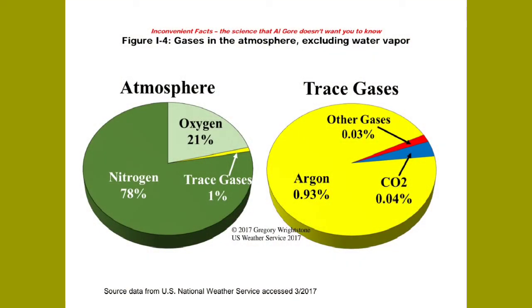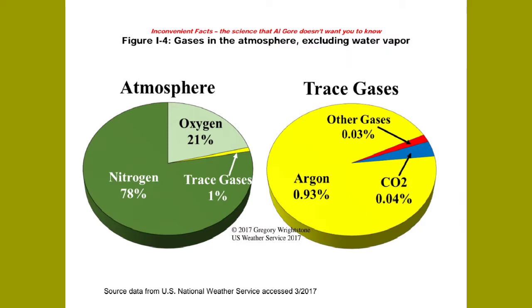And in this piece of data here, we've got again the atmosphere, oxygen and so on in the green, and these trace gases, again very small amounts. These trace gases, of course, if you consider argon as well, are going to give you again 0.04 percentage of CO2.